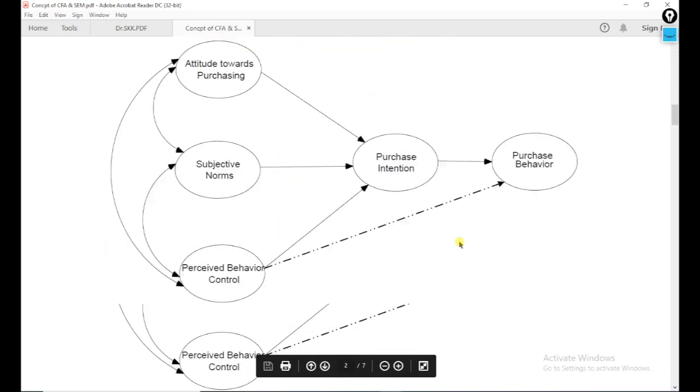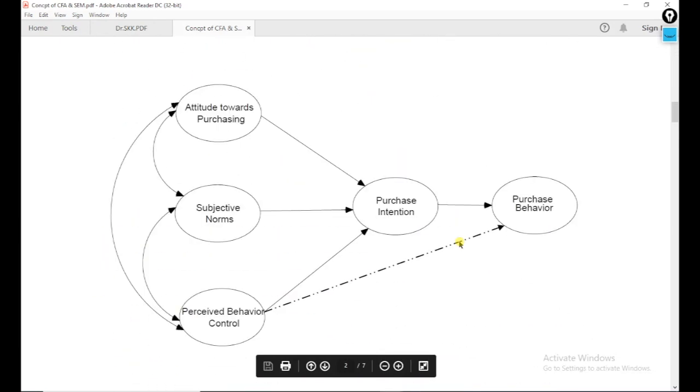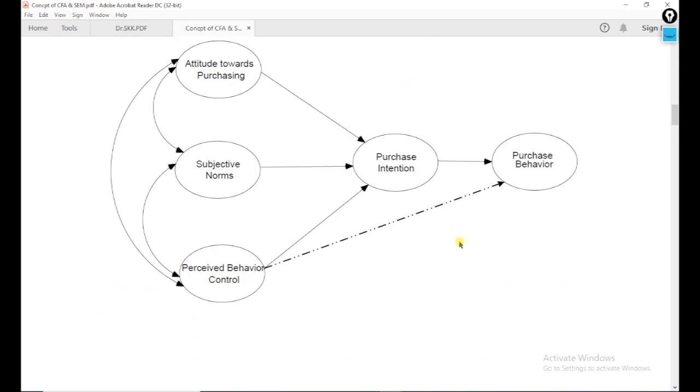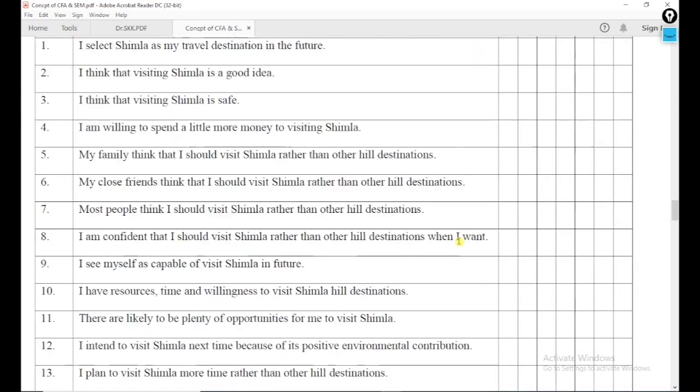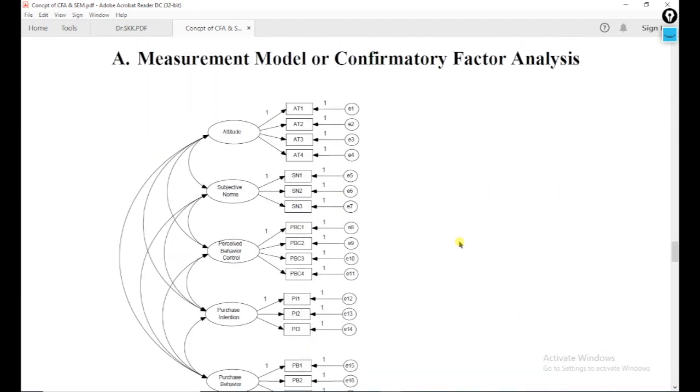This is my CFA, theory of planned behavior. It's a model. I will explain CFA and SEM for this model, and this is the confirmatory factor analysis or measurement model. So this model basically represents the theory of planned behavior.